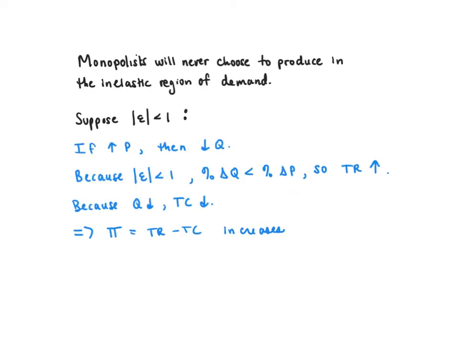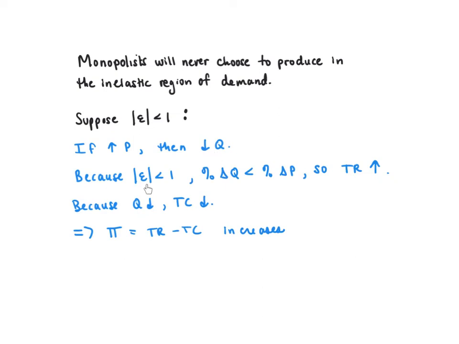Another way of saying this is to state that monopolists will never choose to produce in the inelastic region of their demand. Why is this? Well, suppose the monopolist currently is producing where epsilon in absolute value is less than 1, or where demand is inelastic. If the monopolist increased its price, by the law of demand, fewer consumers would buy the product, and so the monopolist would sell a smaller quantity.